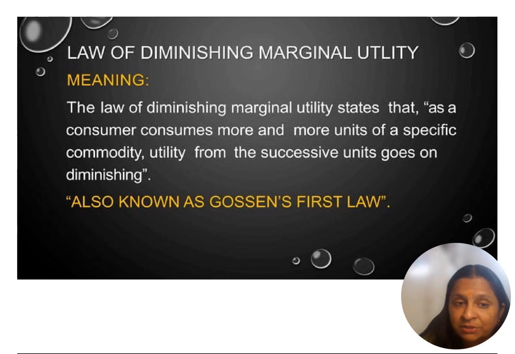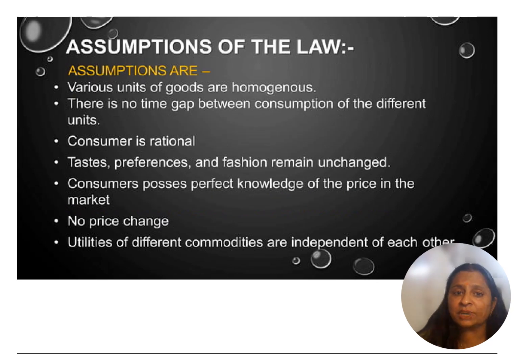Sometimes there is a question asking for the law of diminishing marginal utility. The law of diminishing marginal utility means that as a consumer consumes more and more goods, the amount of satisfaction decreases.